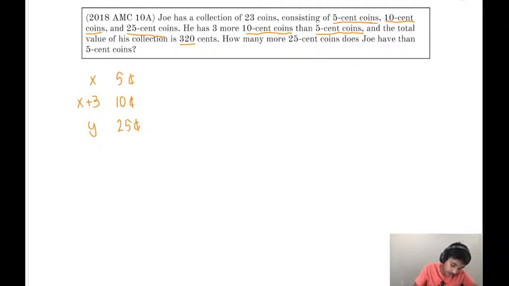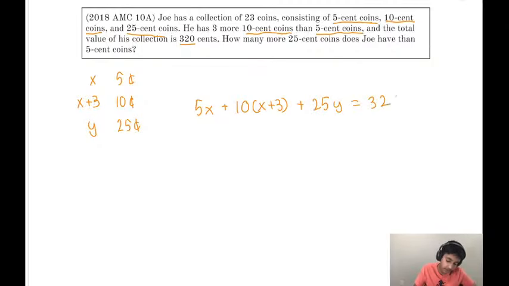Each of the X coins has 5 cents, so 5 times X, plus 10 times X plus 3, because each of those X plus 3 coins has a value of 10 cents, plus 25Y is equal to 320.